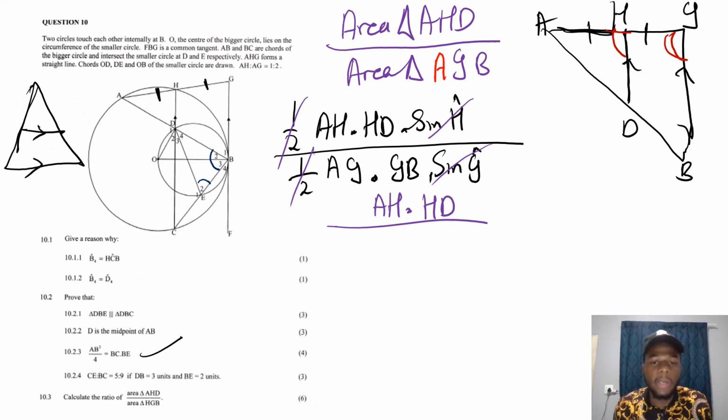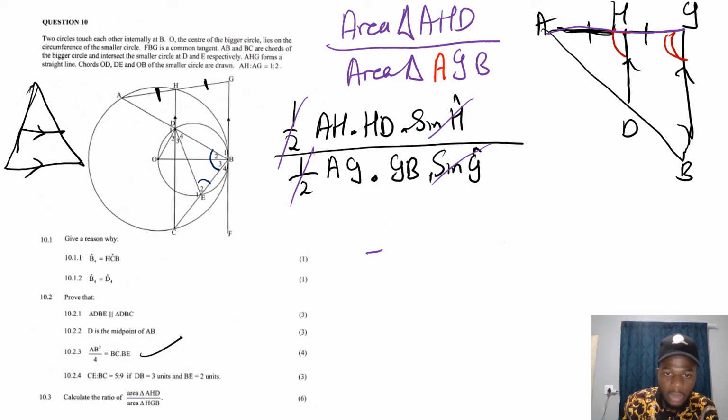So we must also express what we are having in terms of AH and HD. Okay, AG, do you see this AG? Obviously, AG is 2AH. I hope you can all see that. But let me write it first, so that when I substitute, it can be simple.